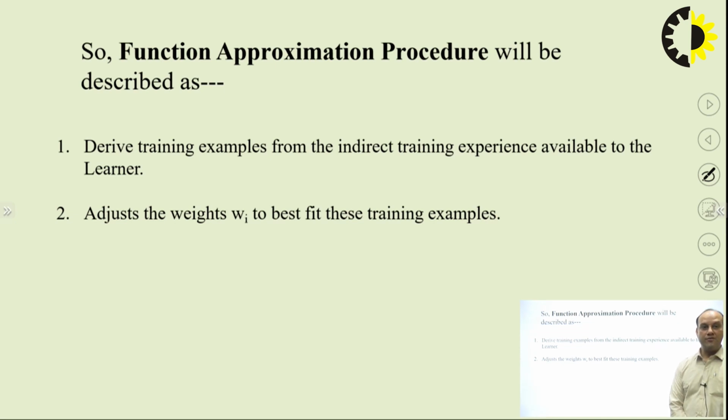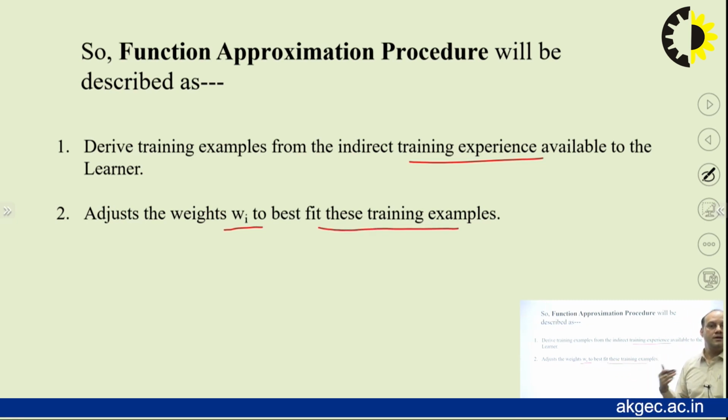Firstly, we will derive the training example from the indirect training experience, because indirect training experience will keep all the legal moves, and out of those legal moves there is one best move. Secondly, I will adjust the weights wi that will best fit the training example. This is how I am going to approximate that function.